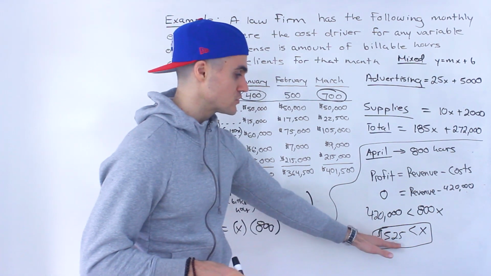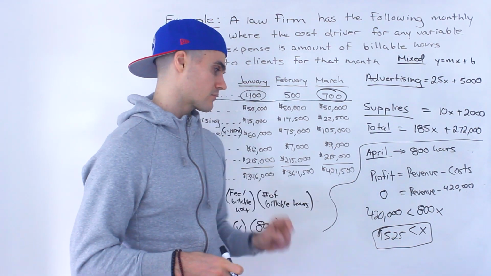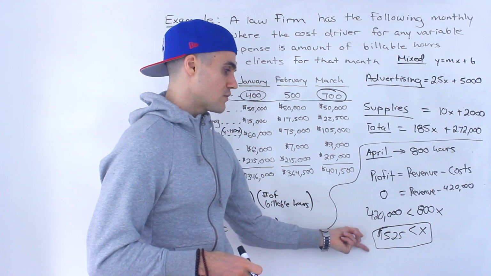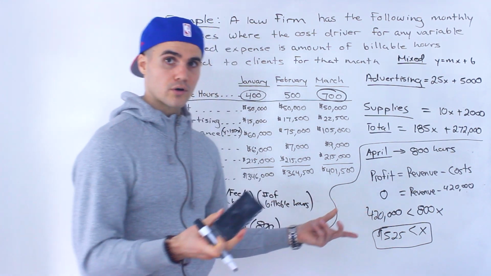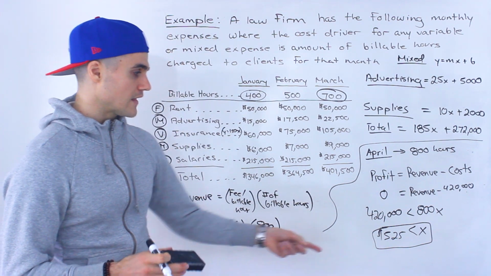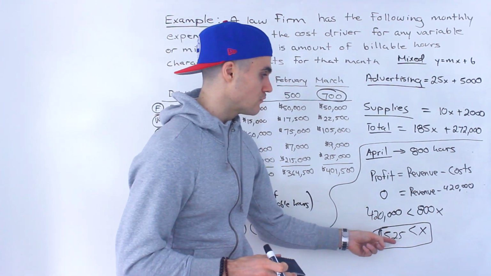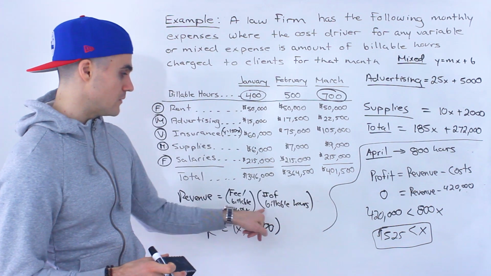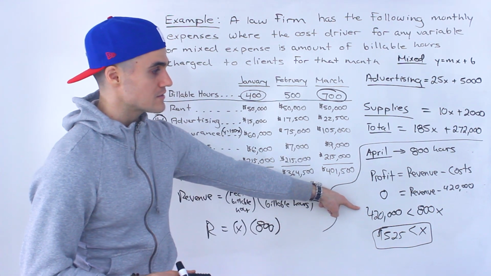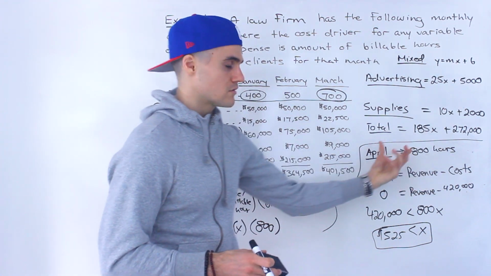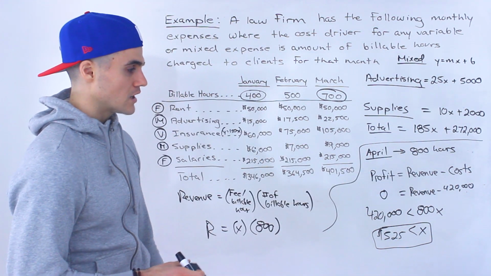So at $525, they're going to break even. So the amount has to be greater than $525 per hour in order to get a profit. And then any amount greater than $525, when you multiply by the number of billable hours, that revenue amount is going to be greater than $420,000, which is going to be greater than the cost, which is going to give you a positive profit.